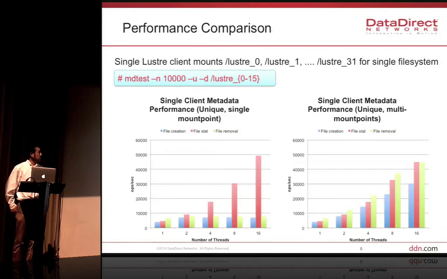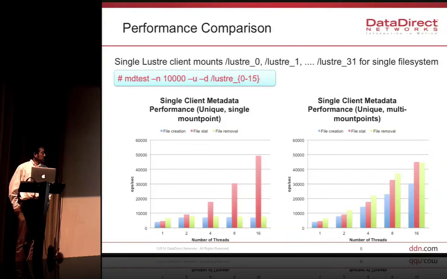But if we have multiple mount points on a single Lustre client to the file system, a new syntax of mdtest is supported, so we can point to the mount points in one command line of mdtest.